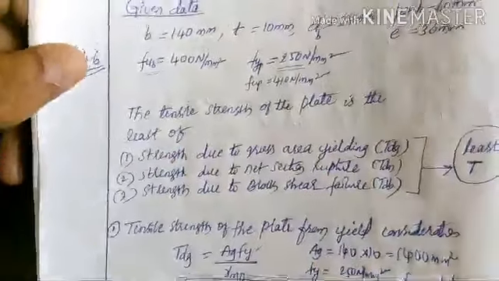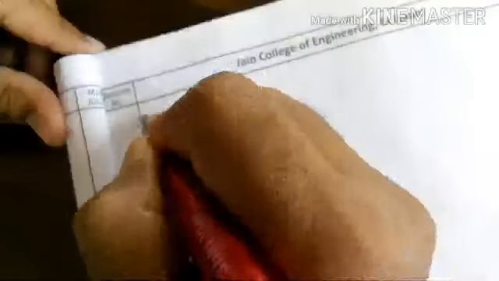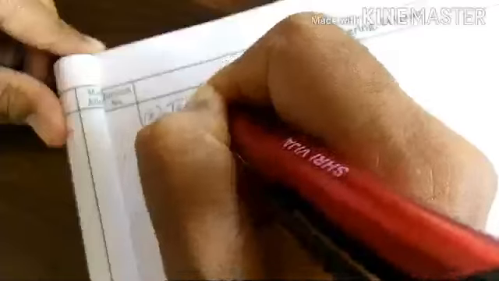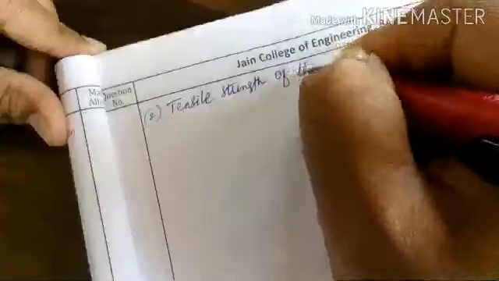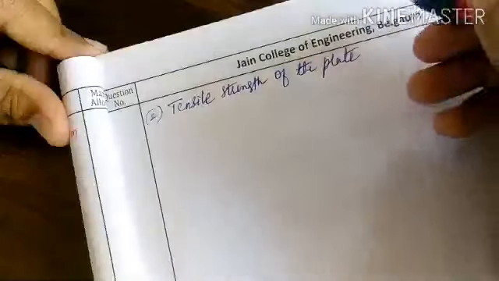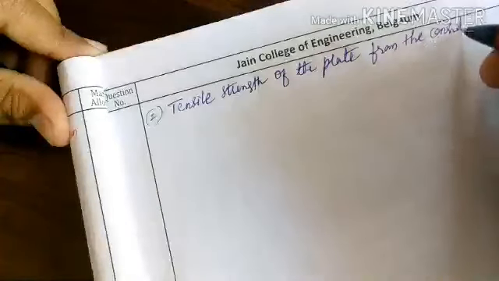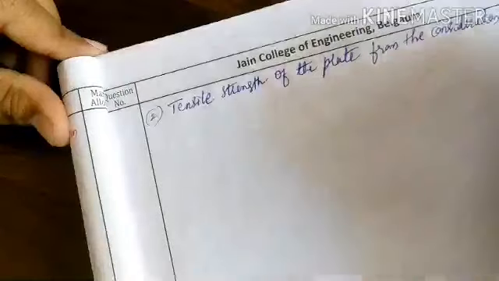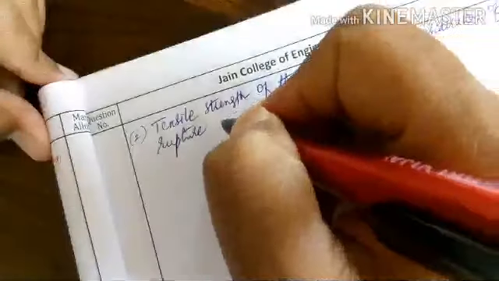Next, the second one, the tensile strength of the plate from the consideration of rupture along the critical section.